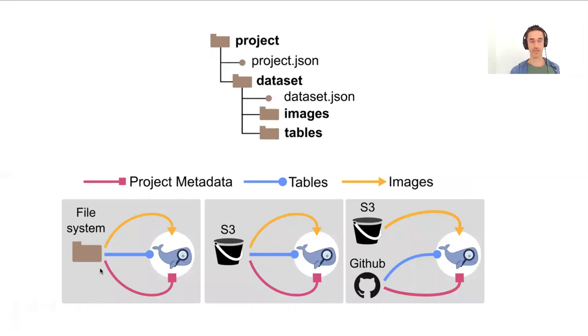Then if you want to share with collaborators, you can just copy all of this on an S3 object store. And this bucket symbol here is because in S3 object stores, one speaks about a bucket where you put many objects. But we actually support also something else, and this is what we mainly use in practice, which is where all the big images are in the object store, but then all the smaller files, which are the metadata and the tables, we put on GitHub.